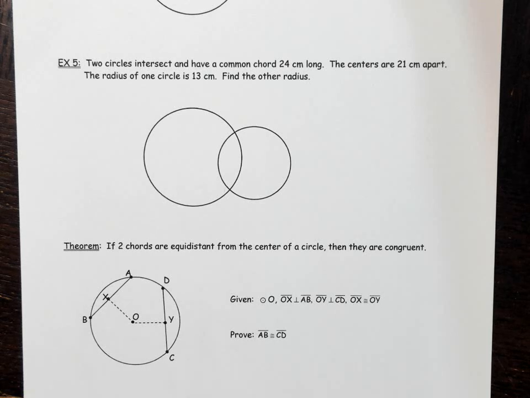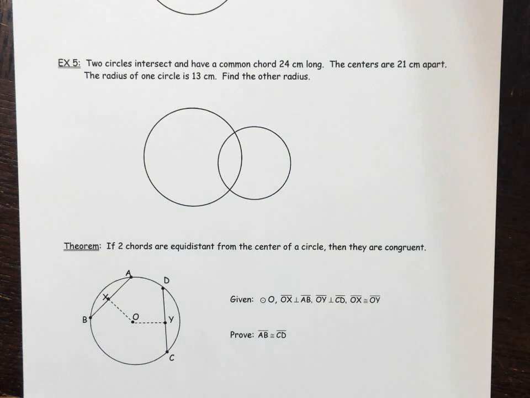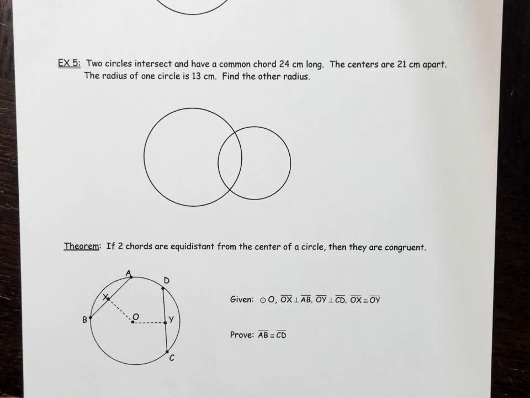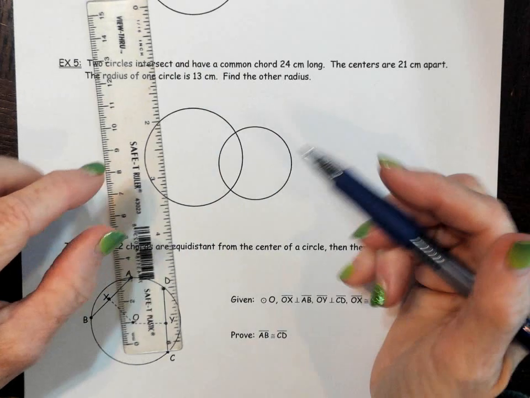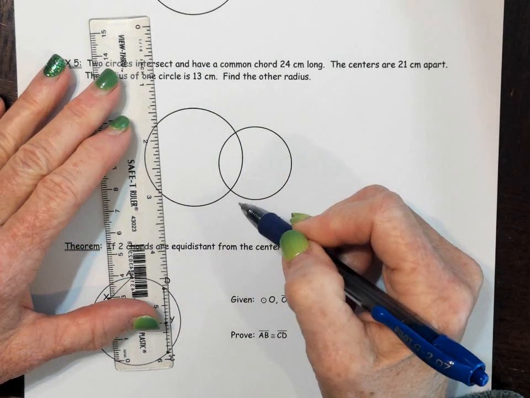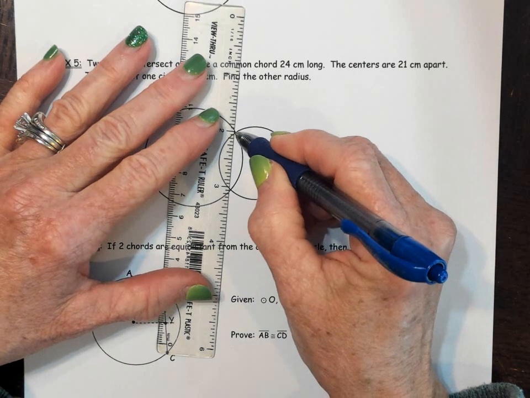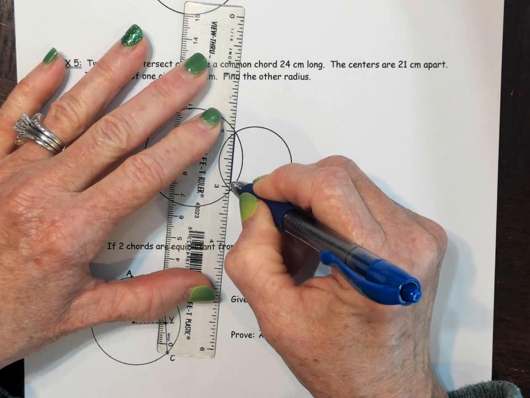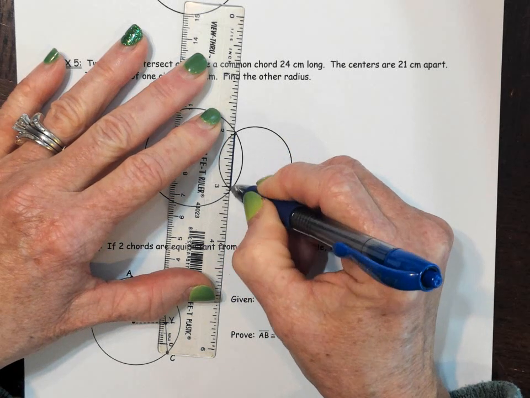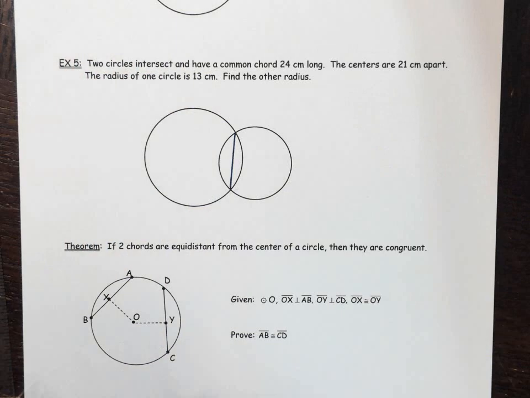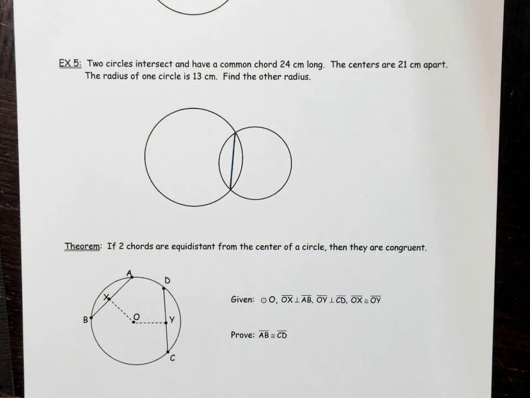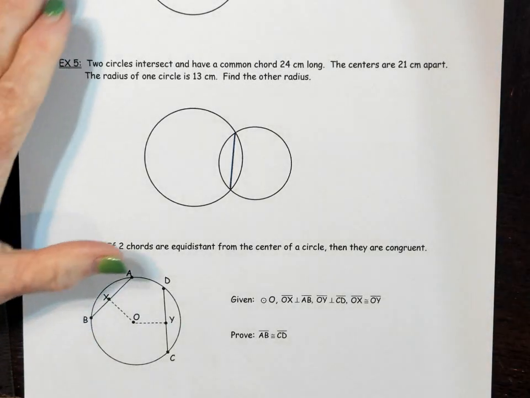All right, let's look at this one. Two circles intersect and have a common chord 24 centimeters long. Okay, so two circles intersect, common chord, so that's right here. There's that common chord. It is 24 centimeters long. I don't want to put the 24 in there right now because it's just going to get too messy. The centers are 21 centimeters apart.